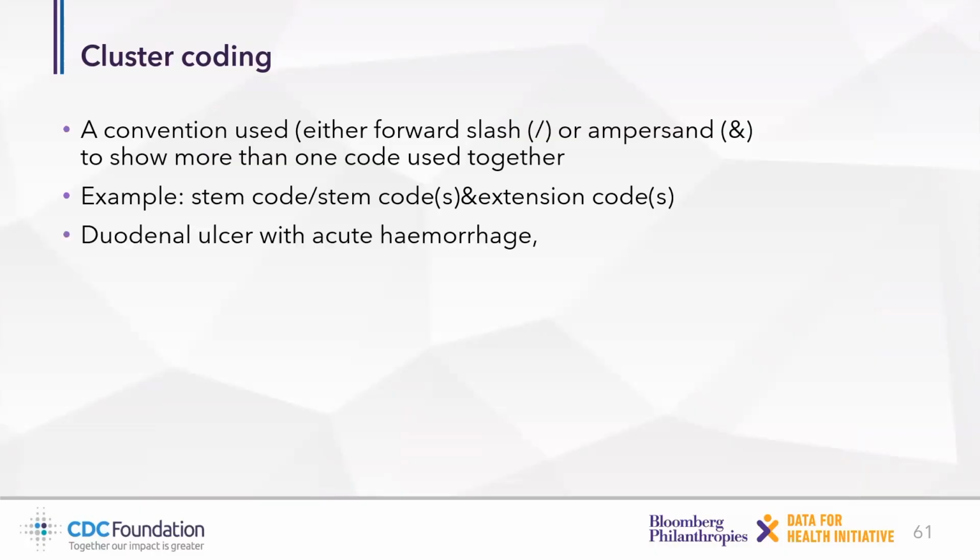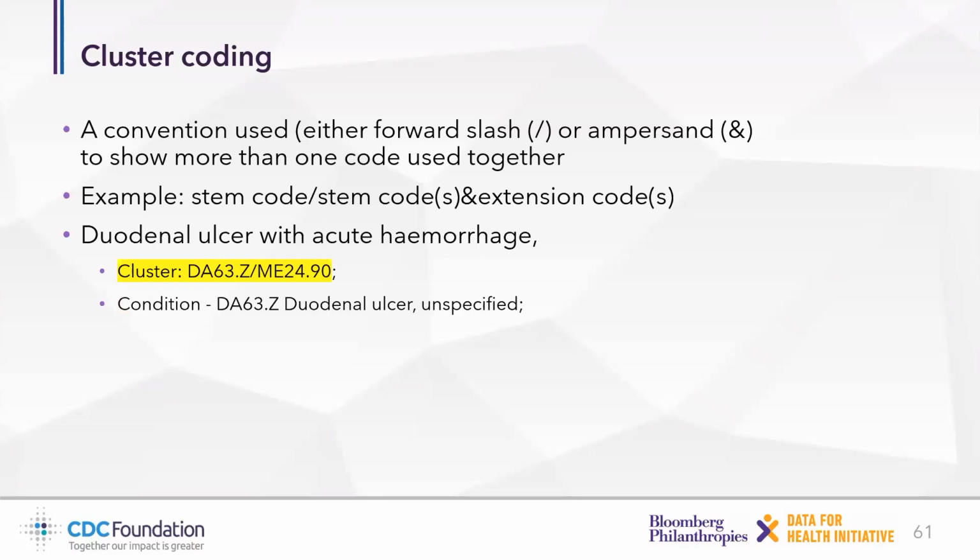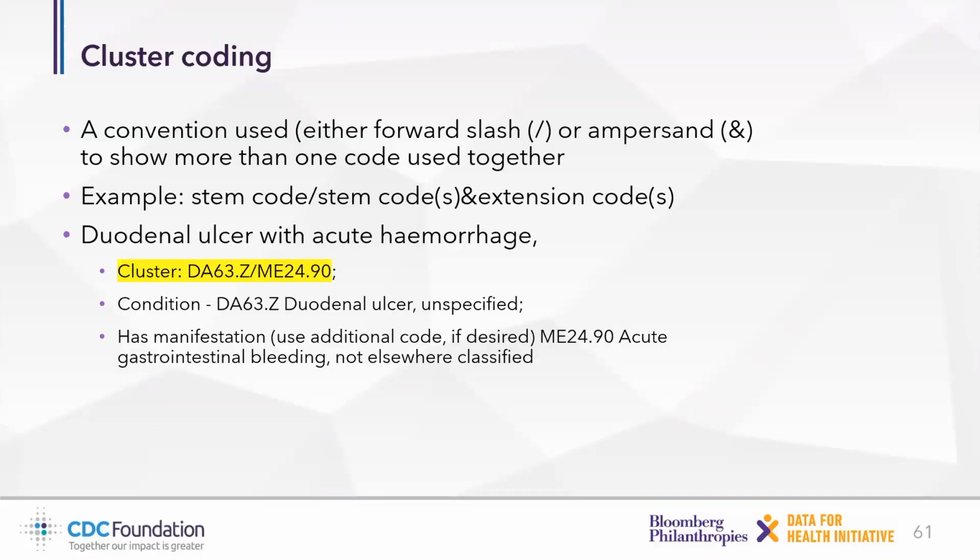For example, stem code to stem code, a forward slash, but stem code combined with extension codes, ampersand. Let's look at this diagnosis: duodenal ulcer with acute hemorrhage. The code cluster is DA63.Z forward slash ME24.90. DA63.Z is the code for duodenal ulcer unspecified. And this duodenal ulcer has a manifestation, hemorrhage.